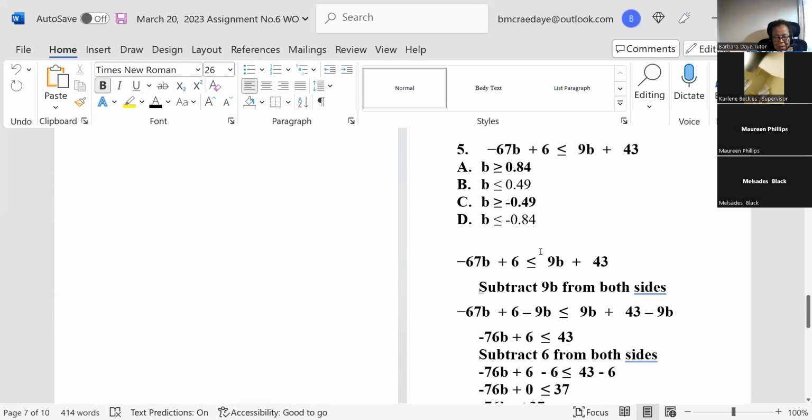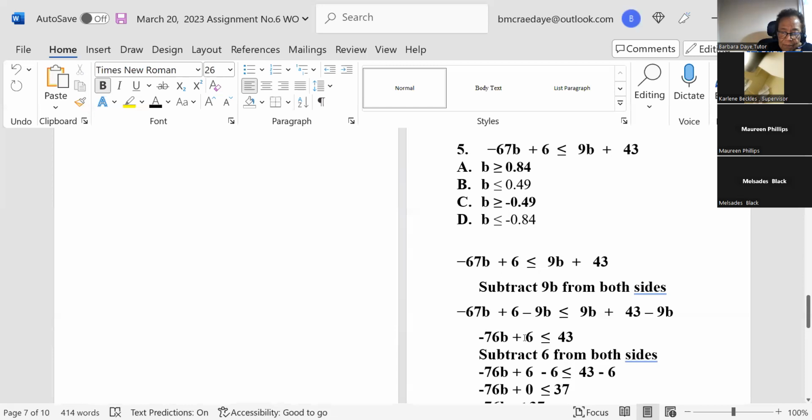And that's why we subtracted, because this is an add. All right, now we've got our constants together, our variables, minus 76b. That came from minus 67b and a minus 9. Remember your signs, you add the negative, get a negative.